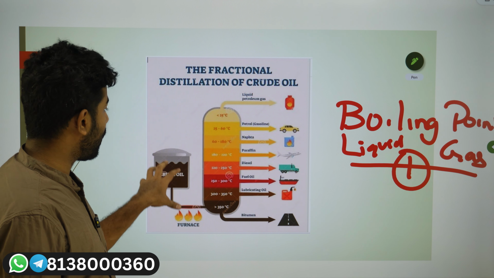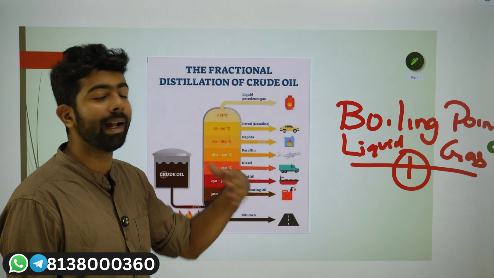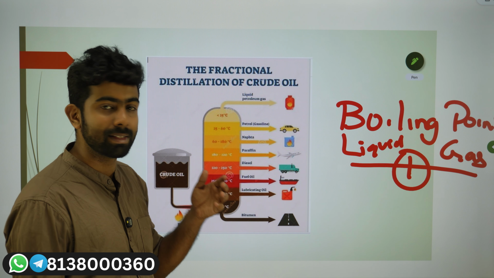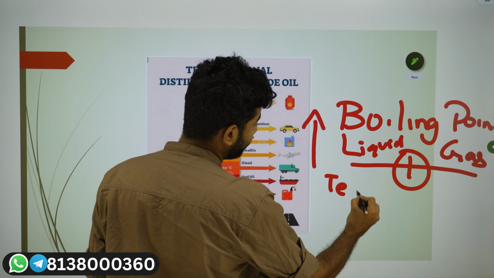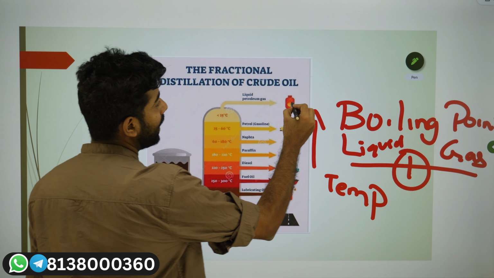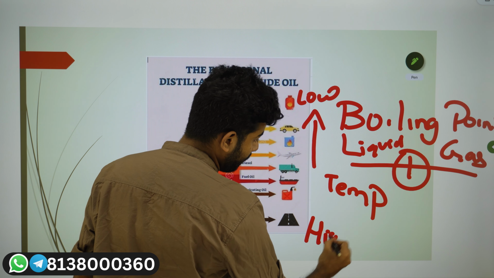Because the different components of crude oil have different boiling points, they will liquefy at different temperatures. As you go up the atmospheric tower, the temperature will be low at the top and high at the bottom.